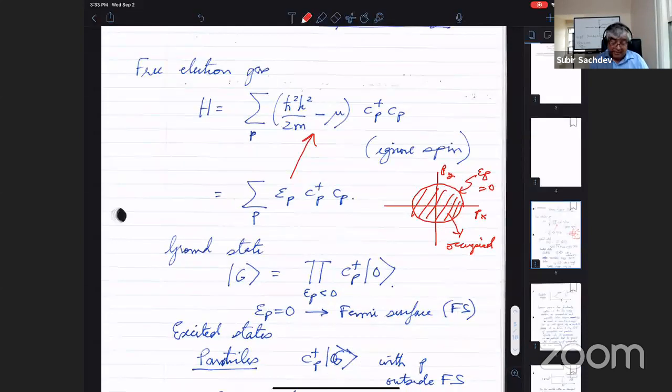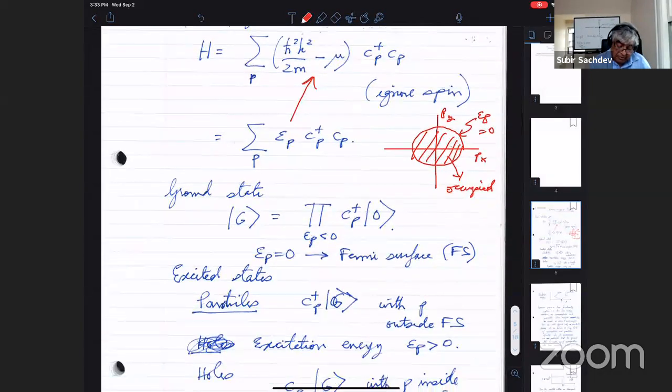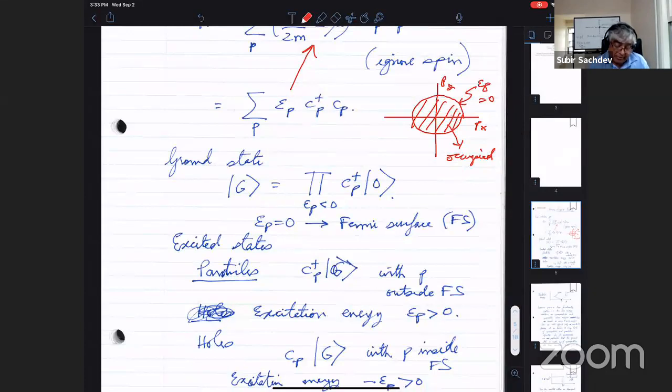All right, so what are the excited states? Well, this is also very simple. Again, thinking in the grand canonical picture, you can add a particle. However, because of the exclusion principle, I can only add a particle outside the Fermi surface. Only here can I add a particle. So I have C dagger p acting on the ground state. That's an allowed state. It's an excitation. It has an excitation energy, epsilon p greater than 0. By definition, the energy of any excited state must be greater than 0. Or I can remove a particle.